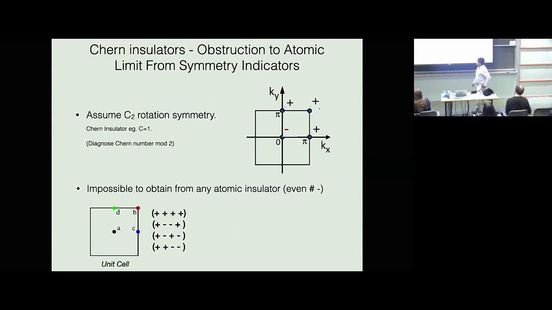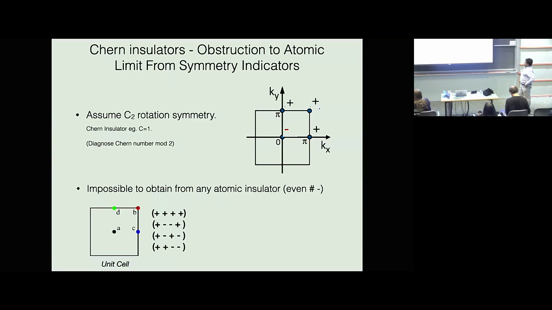Okay, there's another way to think about this, which is in terms of using symmetries. So this is not required to get these Chern insulators, but it's very useful sometimes to diagnose the Chern insulators, and we'll maybe briefly mention this towards the end. So imagine you have some symmetry like C2 rotation symmetry.